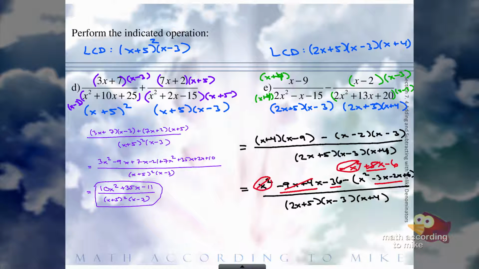And negative 36 minus 6, that does not cancel. We get negative 42. And the denominator is the LCD. And after we write this, the problem is done because nothing else cancels.